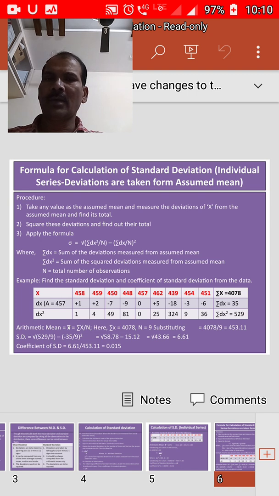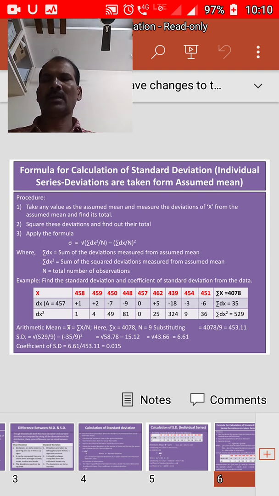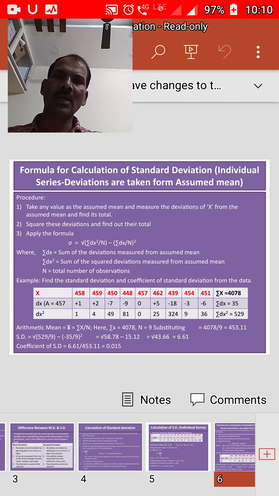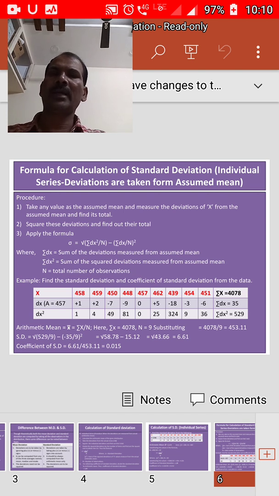We have given the X series, which contains the values 458, 459, 450, 448, 457, 462, 439, 454, 451. Now we need dx, the deviations from the assumed mean.